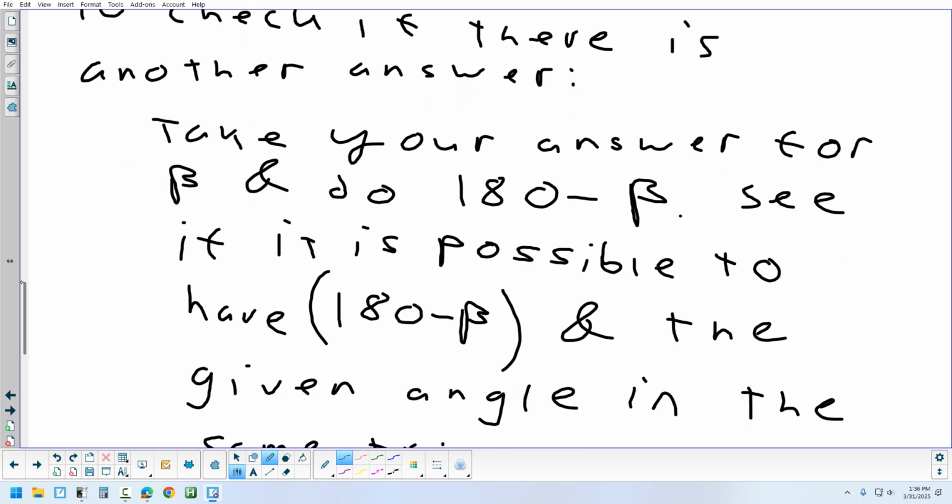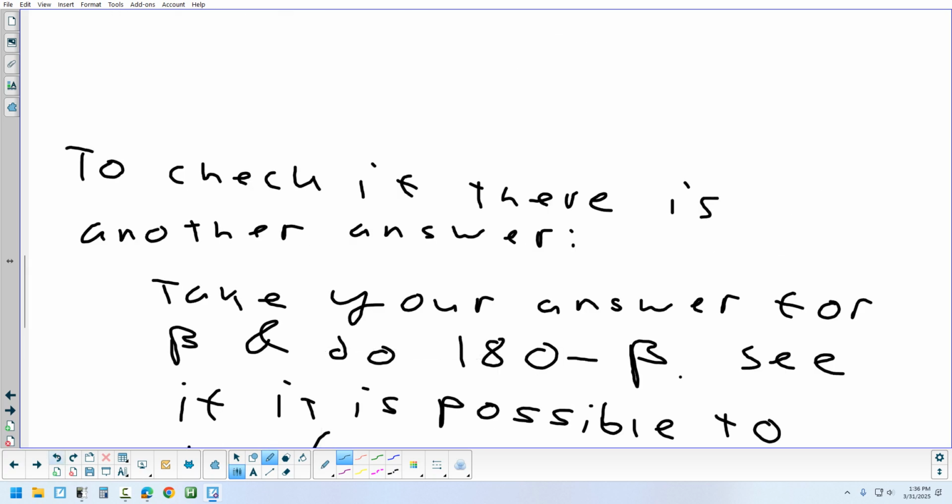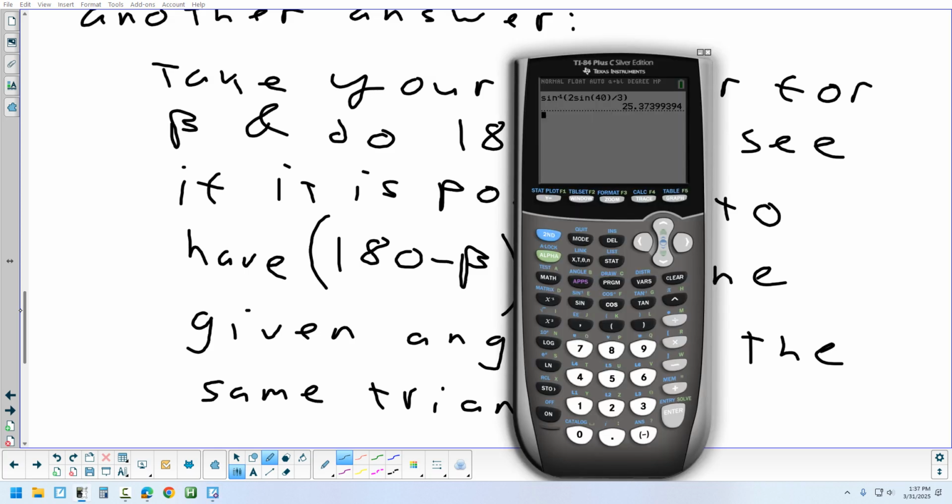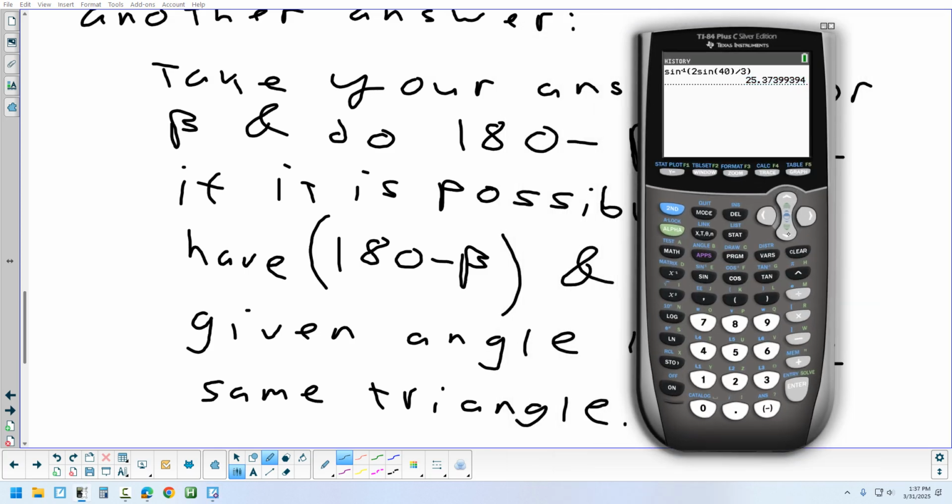And then, once you subtract it from 180, you have to see, is it possible to fit that angle you just got in the triangle? So I'm going to take 180, and on the calculator, since that's the last thing that came up, you can press second, press the minus sign, and it'll automatically put in 25.37.